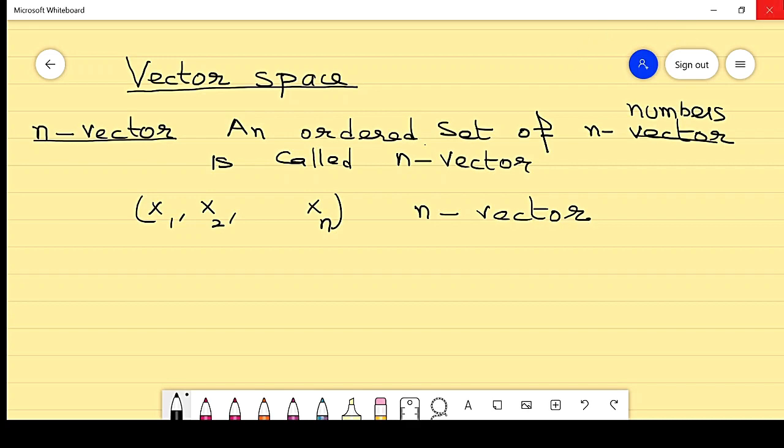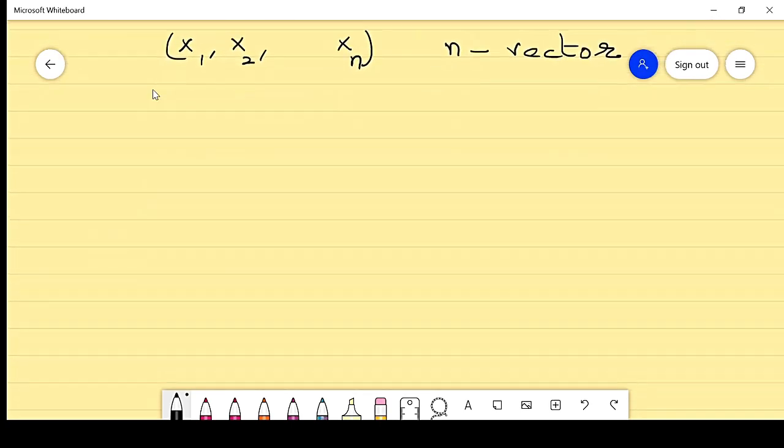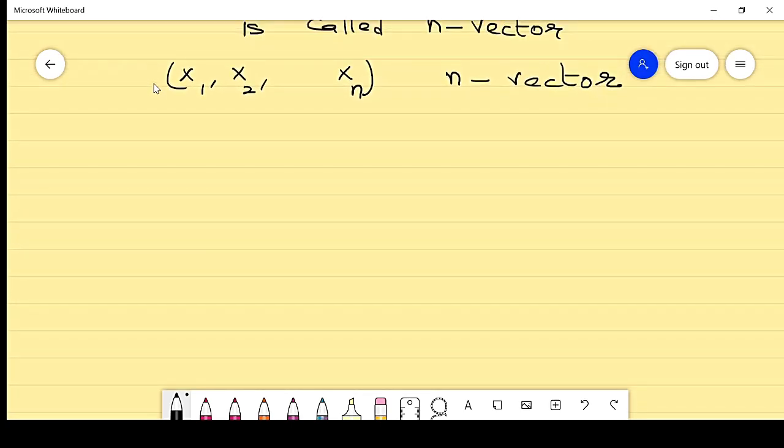Now the next definition is, what are linear independent vectors? Similarly, there are two definitions. One is linear independent and the second is linear dependent.